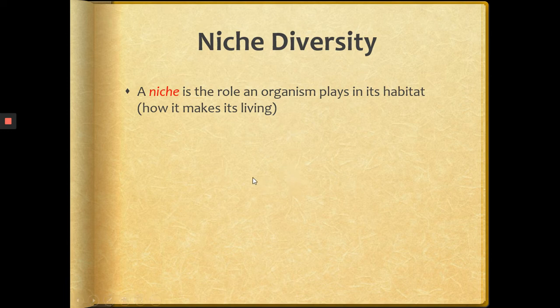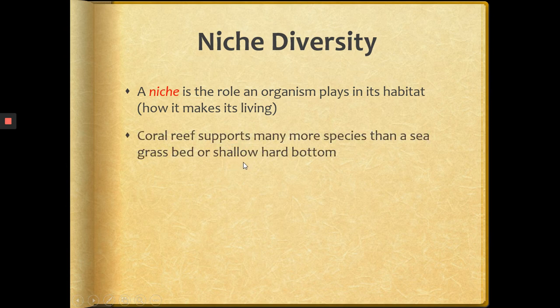We've all talked about the food web before. If one piece of that food web is missing, it can throw the entire ecosystem out of whack, because each individual species has a niche or a role in that habitat.